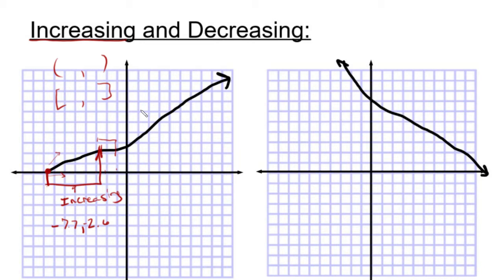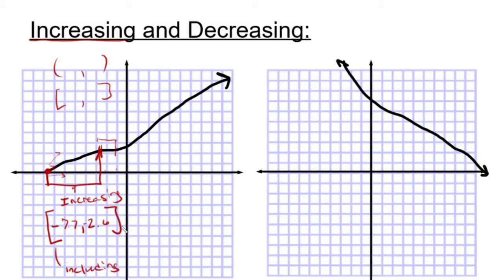But for me, I'm not that picky. I would say for you guys that since it starts here and continues to climb from here, you include this point. And the way you include points is by using brackets. So this is including.